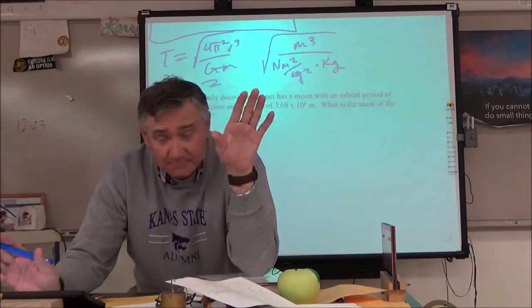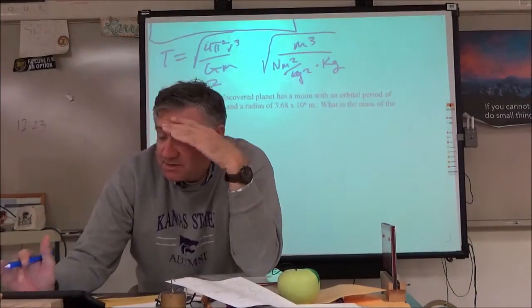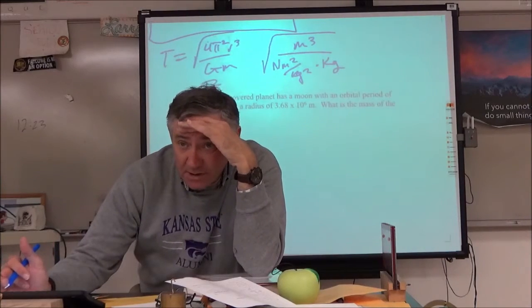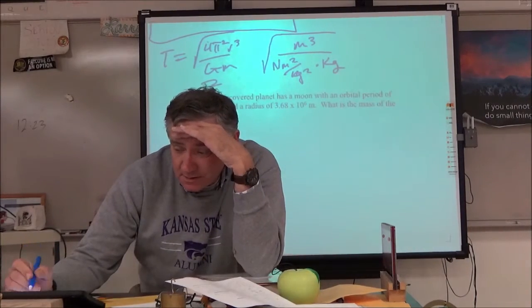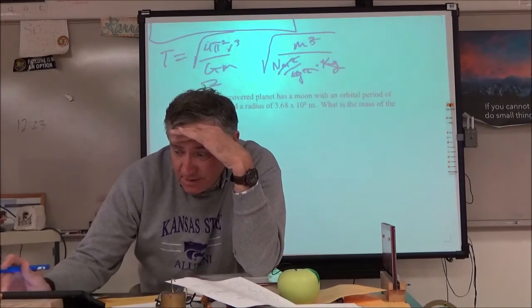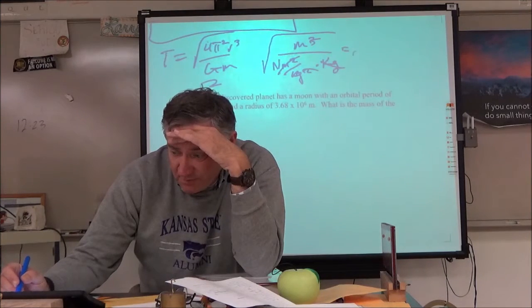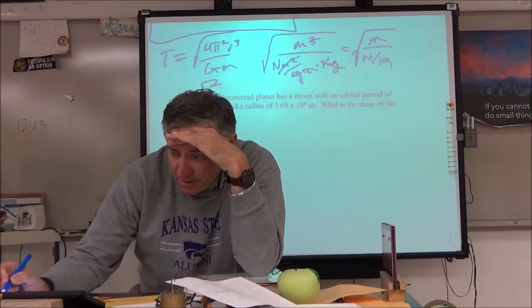So let's put in the units. What can I get rid of at this point? The kilograms. I can get rid of one of the kilograms. At this point we're going to rewrite this and go, okay, I've got meters, and then I've got newtons over kilograms.